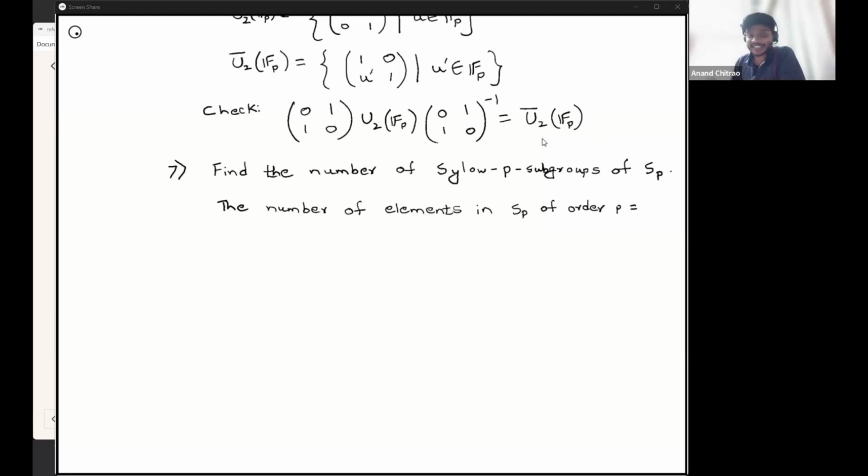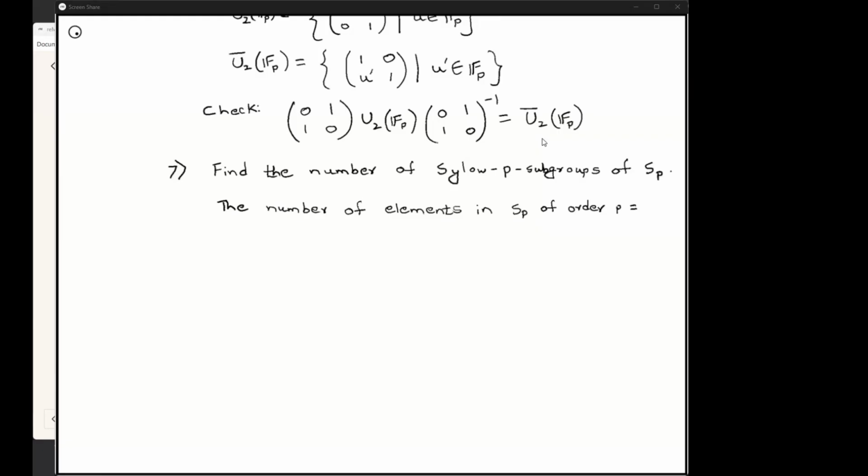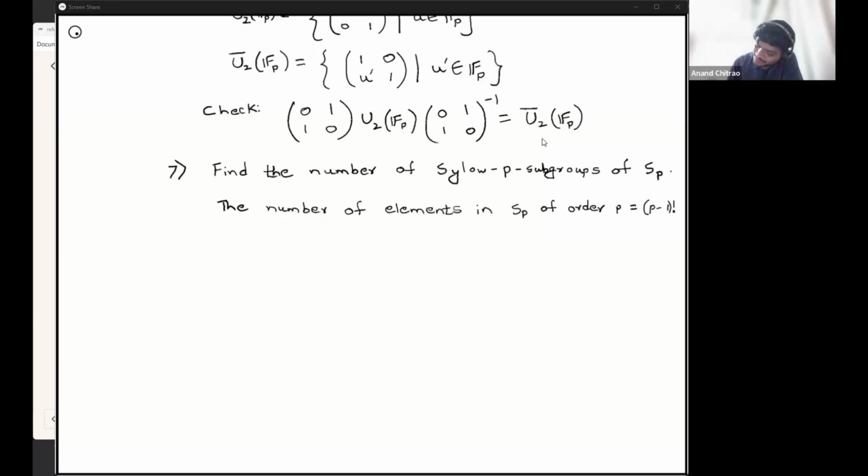this is like that basic problem in statistics, right? How many ways are there to arrange p people around a circular table? So (p minus 1) factorial. Exactly. So the number of elements in Sp of order p is (p minus 1) factorial. You can check this. The point is you just have to create a p-cycle, which is possible in p factorial ways, because the first entry has p choices, then the second entry has p minus 1 choices, and so on.